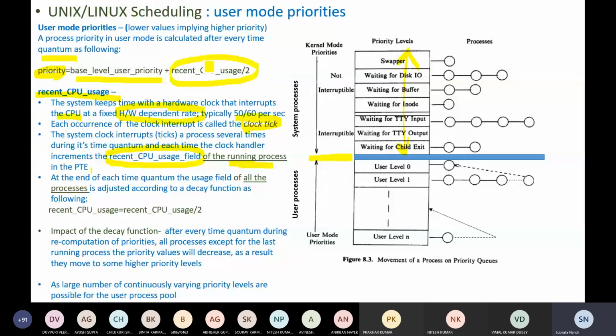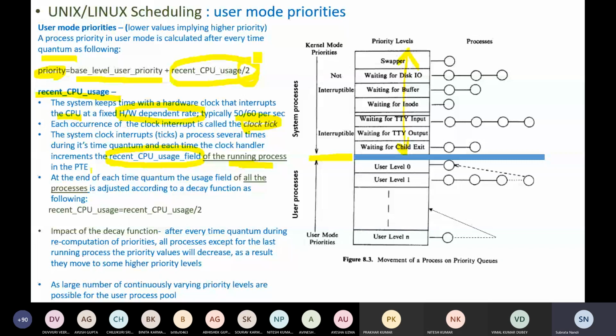Now we can see that there is a divided by 2 factor here. This is a decay factor. Suppose process A used the CPU 5 time steps back, so it has acquired 60. If in the next time step it is not using the CPU, it should not be penalized; it should rather be rewarded, because it has not used the CPU. So this divided by 2 decreases that usage factor by 2.